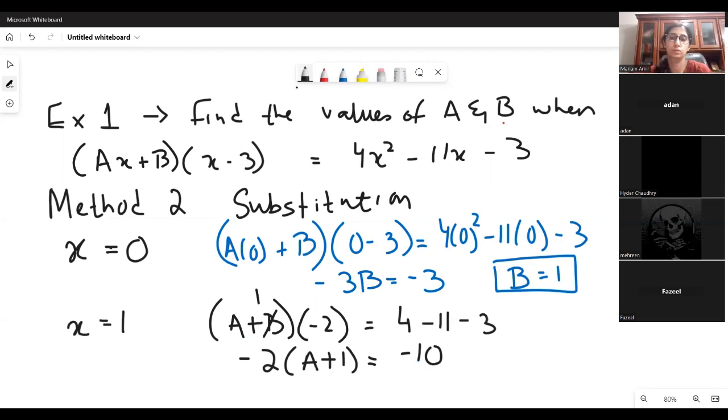So that gives us a plus 1 equals minus 5. So a equals minus 6. गलत आ रहा है, कुछ गलत किया. Plus 5 था, sorry. When we divide minus 10 and minus 2, we get plus 5. And then we get a equals 4. So same answer as well.